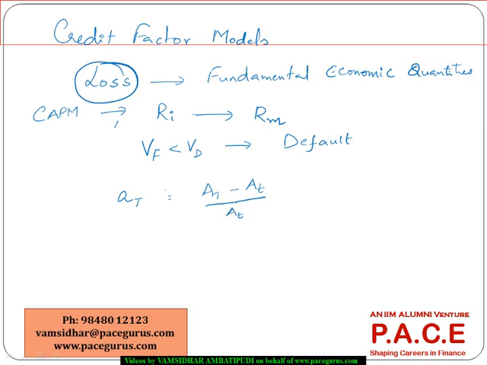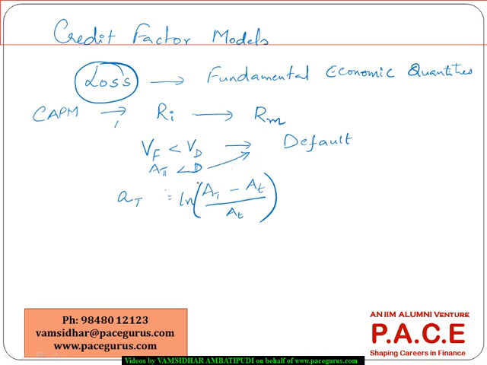But if I want a continuously compounded return, I can take the logarithm of the same. So for this period, I'm looking at the return as the logarithm of this particular value. And as we know, if the value of the firm at time T, A_T, is less than D, the value of the debt, that is where I am calling it a default.